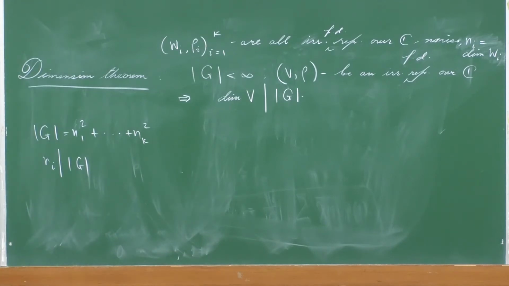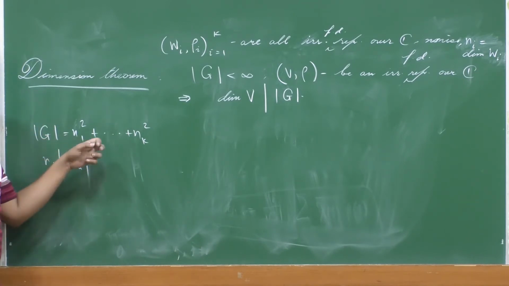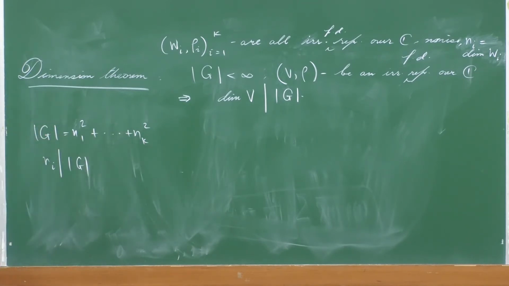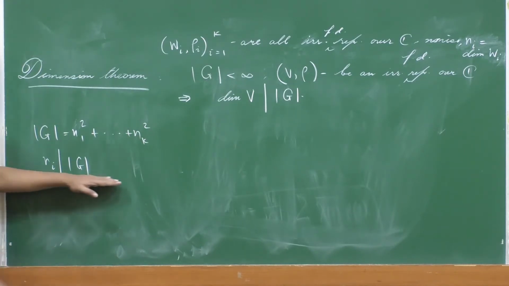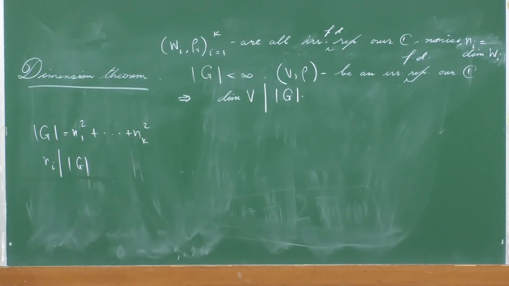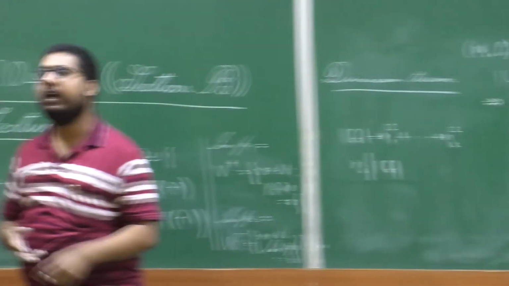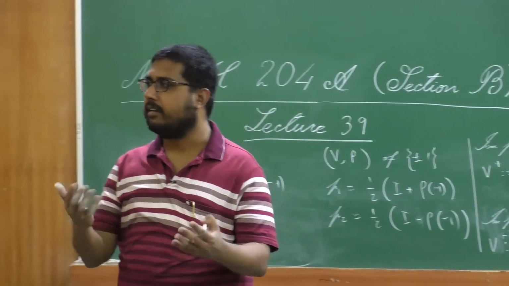So earlier, especially when the order of G is small, you see that even this relation shows that the choices of ni's are only a few. Now this further condition sometimes uniquely yields precisely all the possibilities for ni's.